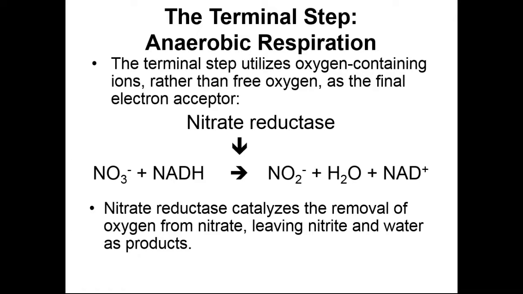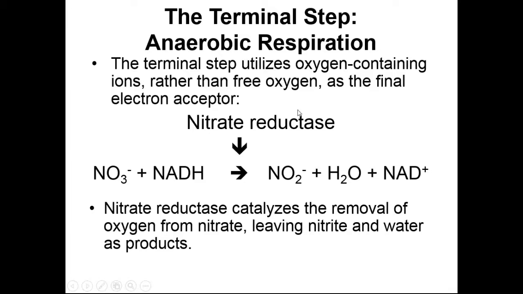If we look at anaerobic respiration, so respiration without oxygen, instead of having oxygen as a terminal electron acceptor, we can have the nitrate, the carbonate, or the sulfates. This nitrate will combine with the terminal electron from NADH, and then this chemical reaction is going to be catalyzed by an enzyme known as nitrate reductase.